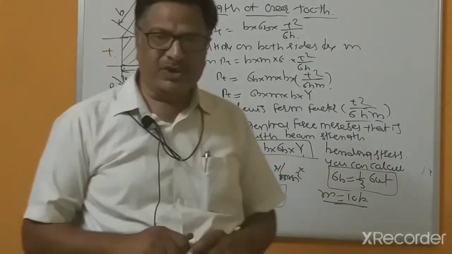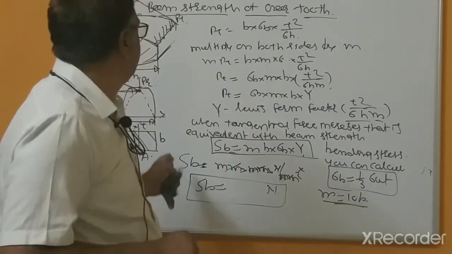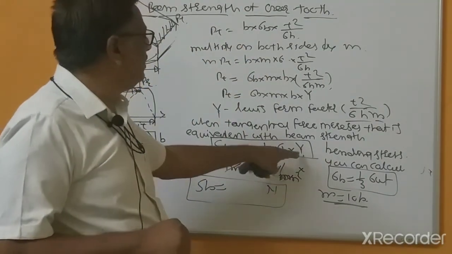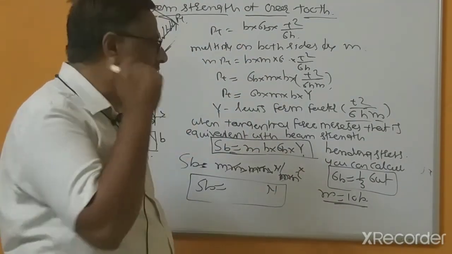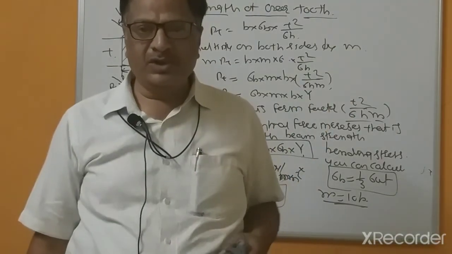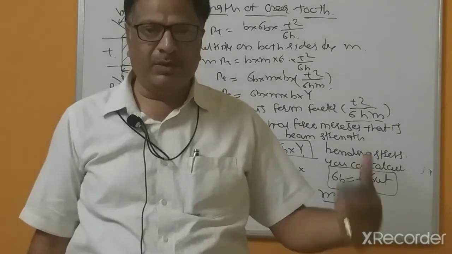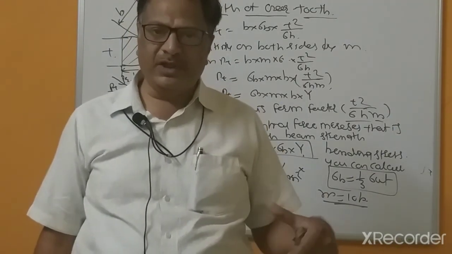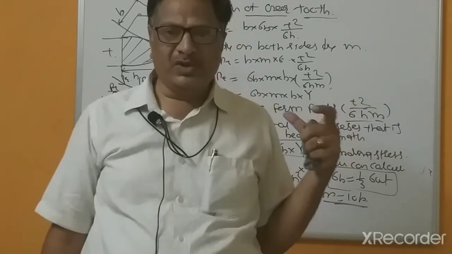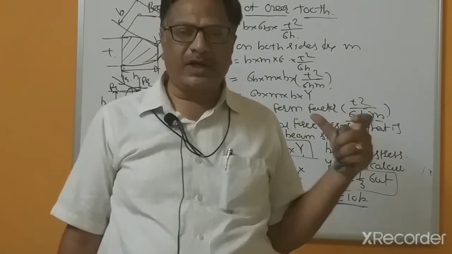The remaining portions, meaning the beam strength of the gear tooth, how we can calculate the Lewis form factor, what is meant by effective load, and what is meant by wear strength, that we will see, because this topic is slightly hard for understanding.